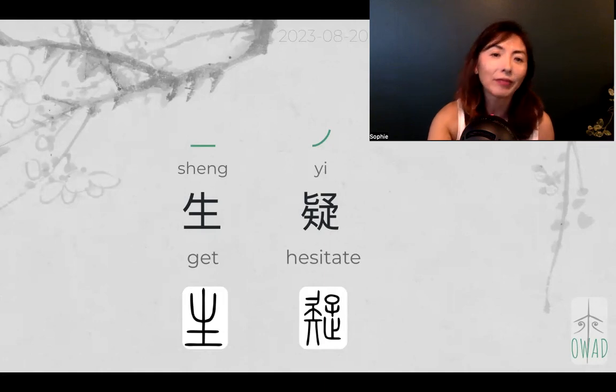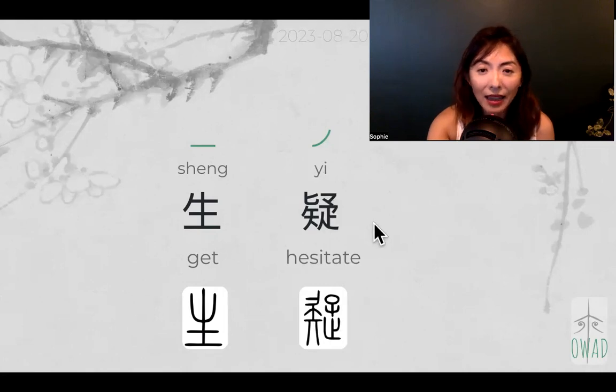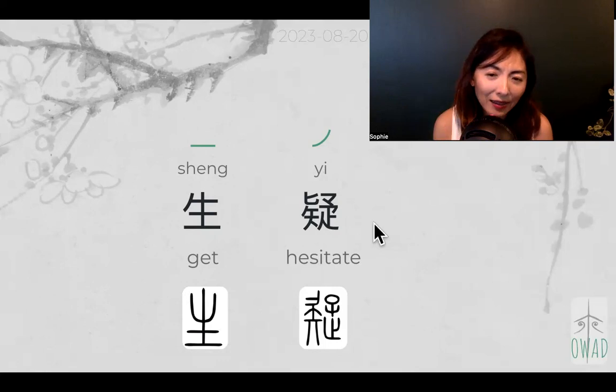Sheng yi. You can see the yi character is quite complicated. And when you look at the traditional and the simplified, it's not exactly the same, but we can see some traces of it. I started learning simplified.